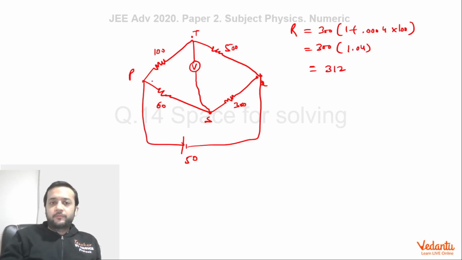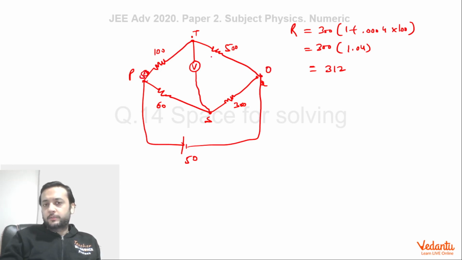Now we have to find the potential difference developed between T and S. One very easy way I can tell you, if we assume potential 0 here, see, whatever current will go in this branch PTQ, the potential difference developed across this 100 will be in the ratio of the resistance, because this 100 and 500 will be in series. So if you say potential is 0 here, here potential is 50.